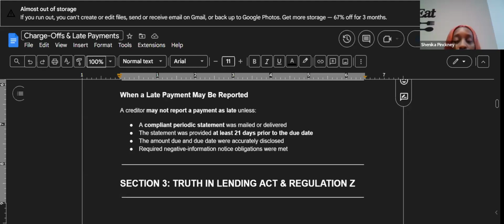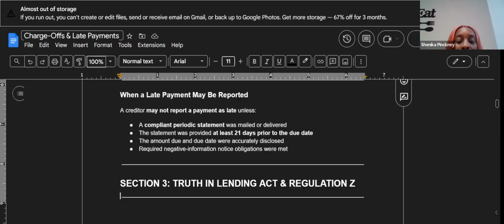So if you have a credit card account, or whatever type of open account, and the due date is the 21st, 21 days prior to that date you must be sent a periodic statement, mailed, and delivered to you before that due date.